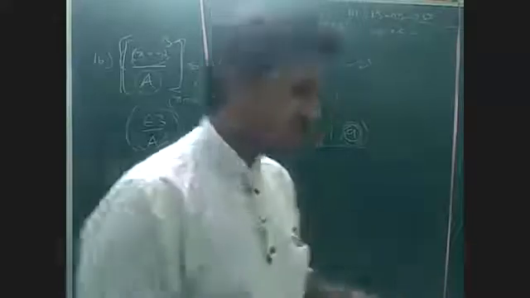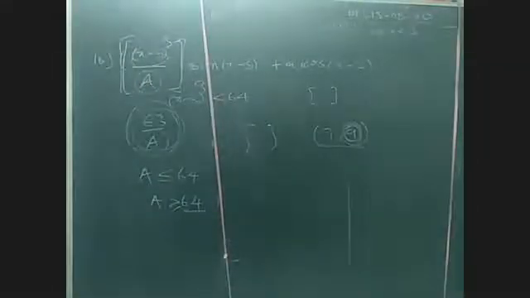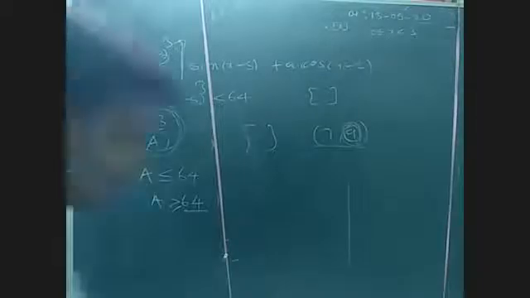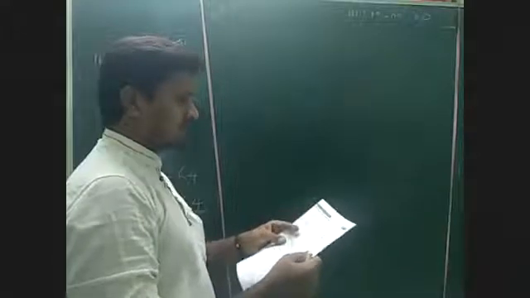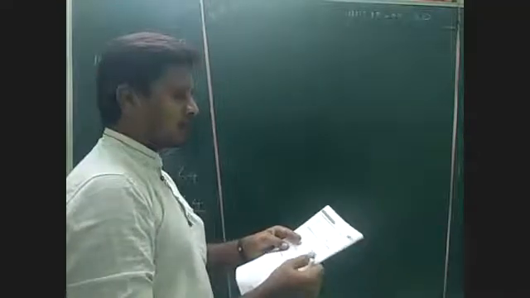Here the 31st question is given. Question number 31. The values of P and Q. Can you tell me what the P and Q values are? For P and Q, the function is continuous for all x in R. Yes.